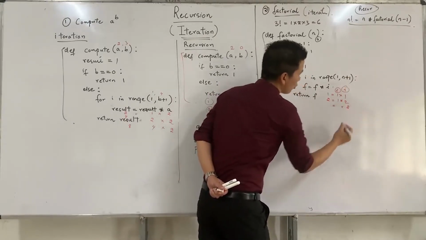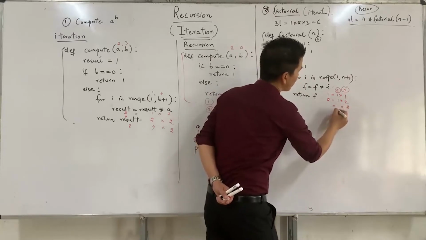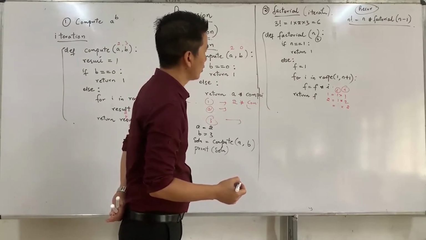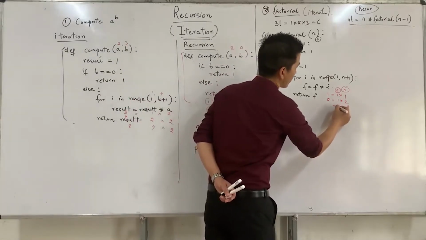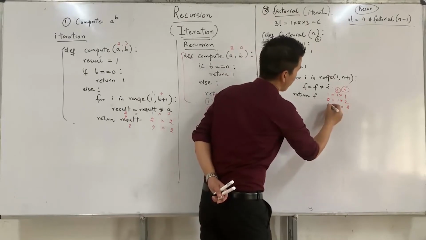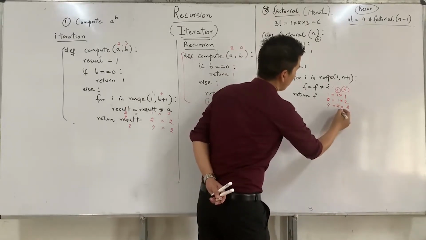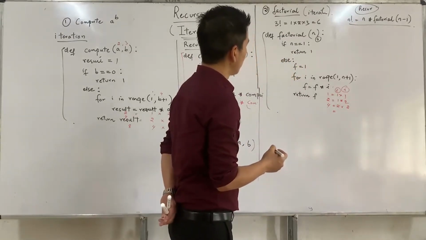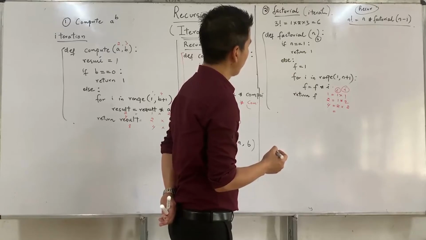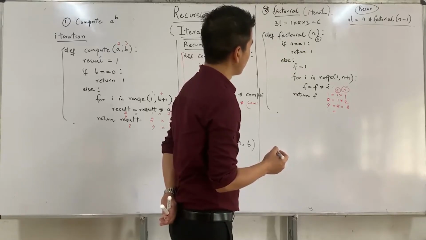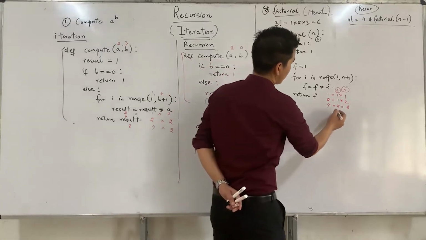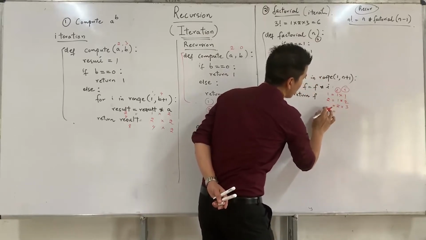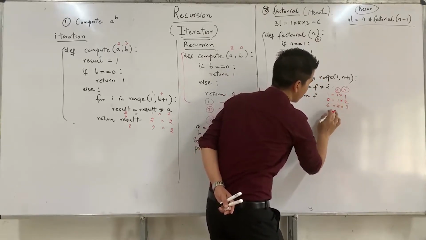So when it changes to 2, you will have 2 here, and then you will have 2 times 2 is 4. Oh, sorry, this will be 3, and then 2 times 3 is 6.